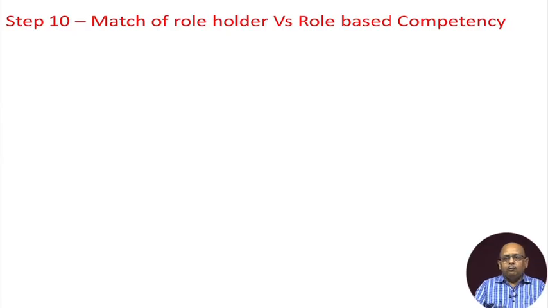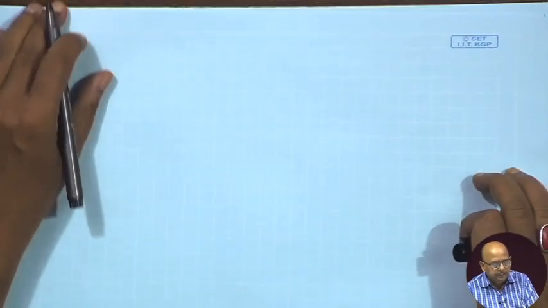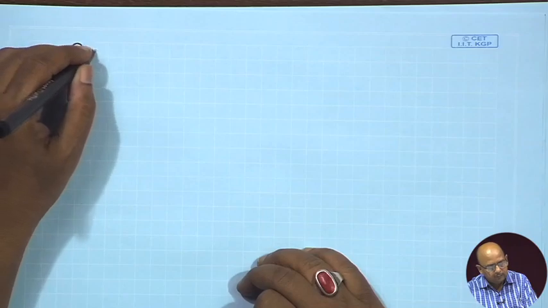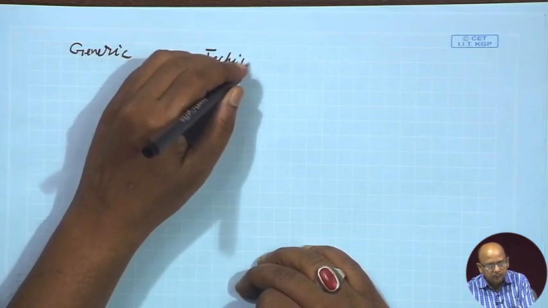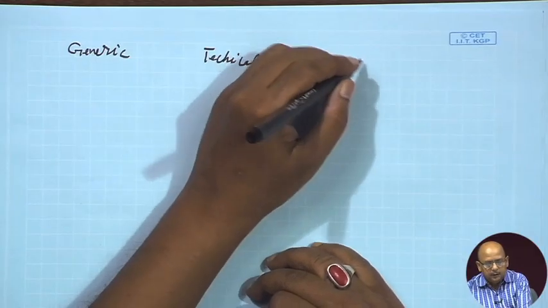Once you have been able to assess all kinds of competencies, you move to the next level, and that is matching the role holder versus role based competencies. Now, what you have done? You have identified these three kinds of skills: generic, technical and behavioral.